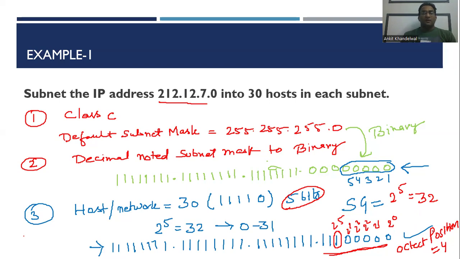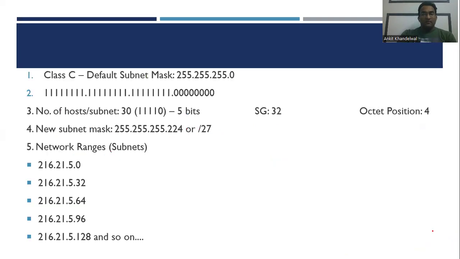So till now, we have noted down the default subnet mask, then found the minimum number of bits required, which is 5 bits, the subnet generator, and the octet position.